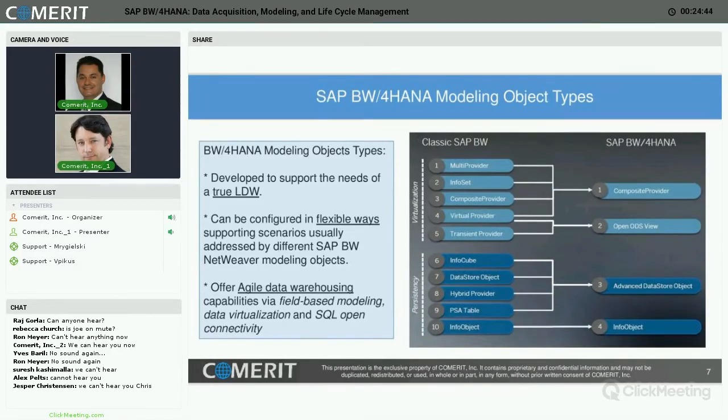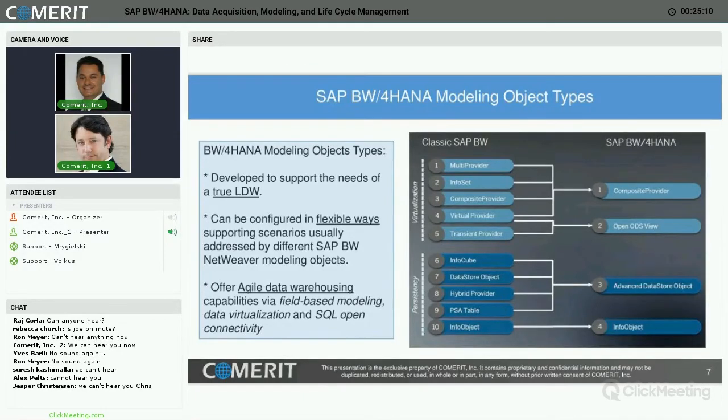And every time you think about a new feature, oh, I would like now a union instead of a join, the BW NetWeaver will create a new object type because there was a lot of development done on the former, let's say, MultiProvider. So you create an InfoSet in order to avoid impacting the original object types that have been already in use for maybe 10 years.